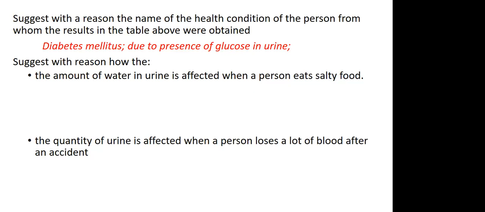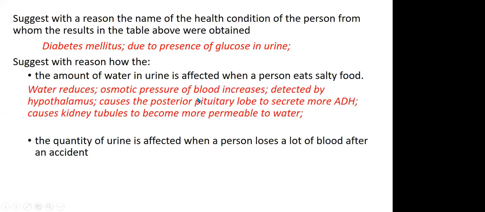The hypothalamus is always detecting any changes in water concentration or salt concentration in the bloodstream. So when it detects that, it is going to cause the posterior pituitary lobe to secrete more ADH.